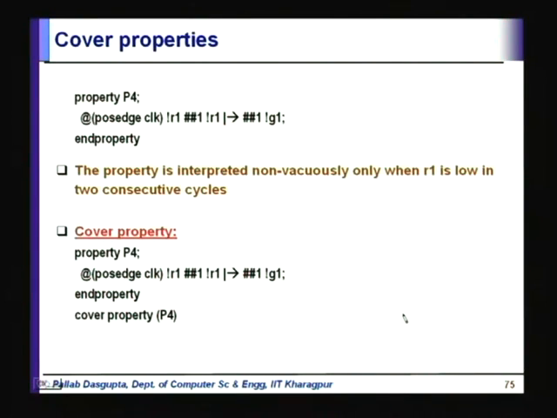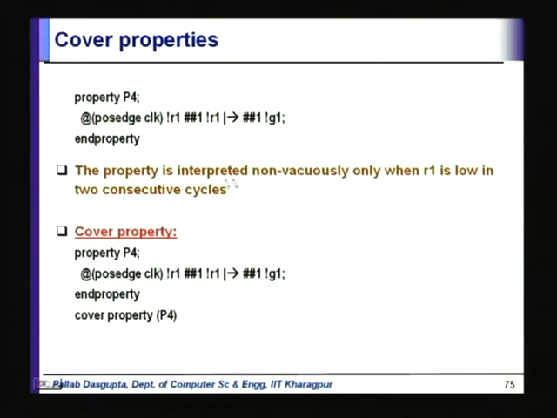Now, we come to cover properties. Cover properties can be declared like this, that suppose we want to check this property, that whenever R1 is not asserted for 2 cycles, then in the next cycle G1 is also not asserted, right.